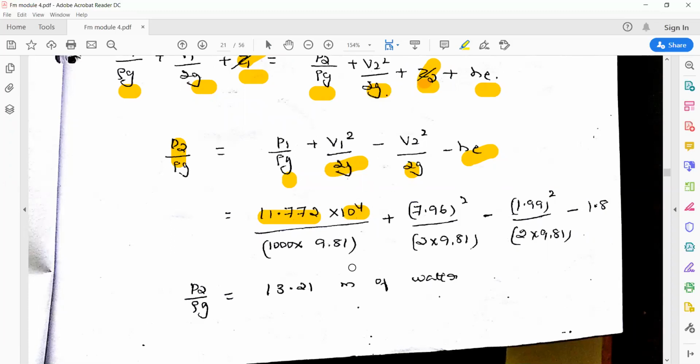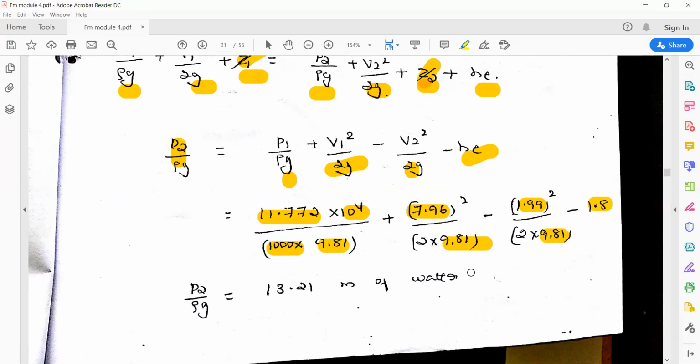11.772 into 10 raised to 4 divided by rho. Density of water is 1000. G is 9.81. Right. The value of V1 we already have calculated by making use of the continuity equation or discharge formula, Q is equal to A1 V1. So that one you can substitute. 2 into G, G is 9.81, minus V2, which you have also calculated by using the discharge formula. So that one you can substitute. And G is 9.81, minus He.